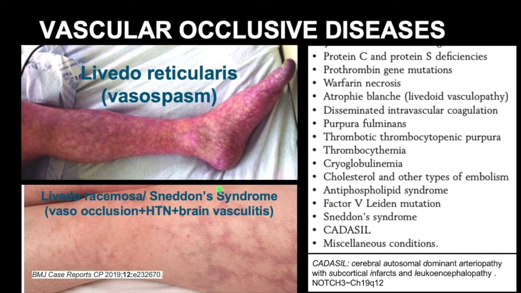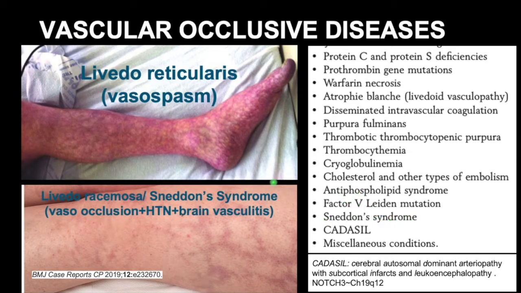Any lesion that will cause a blockage to the blood supply will cause vascular occlusion: DIC, purpura fulminans, thrombotic thrombocytopenic purpura, thrombocythemia, cryoglobulinemia, cholesterol emboli, antiphospholipid syndrome, factor V Leiden mutation, and Sneddon syndrome.